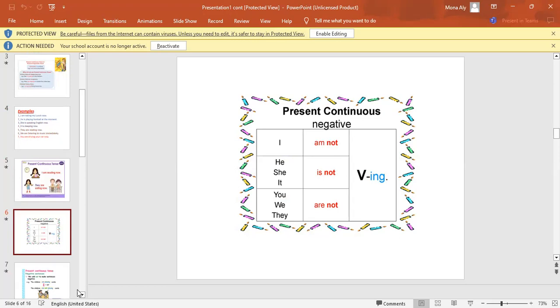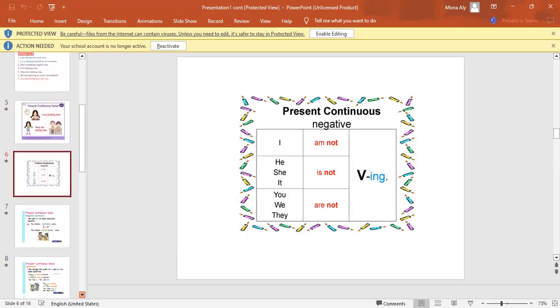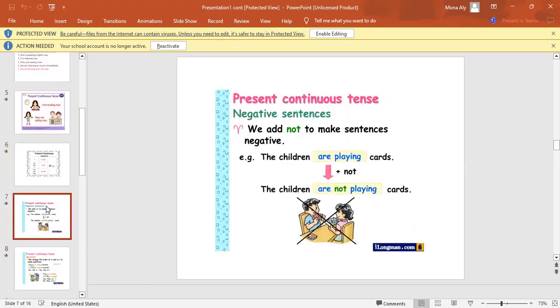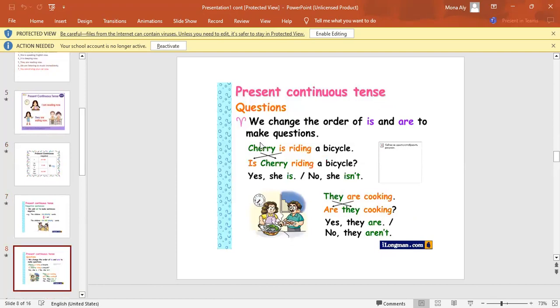And as you know, each tense has two kinds of questions: yes or no questions or WH questions. This is other negative. We add not to make sentences negative. The children aren't playing. The children are not playing. Okay. Let's see the questions. We change the order of is and are to make questions. Okay, let's see.